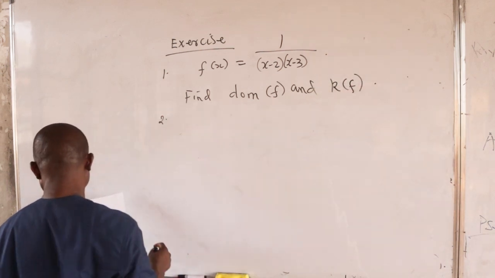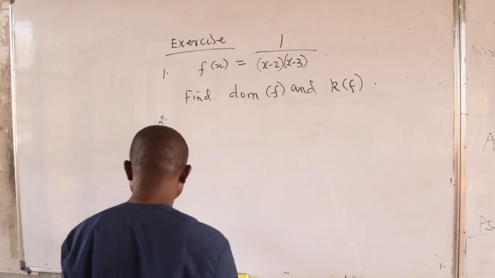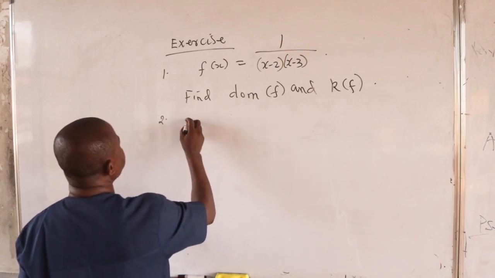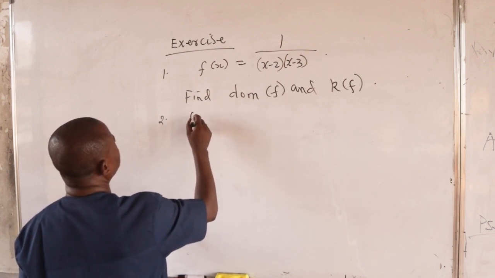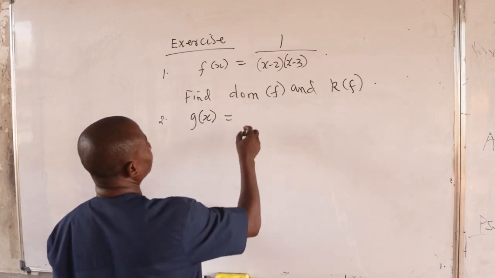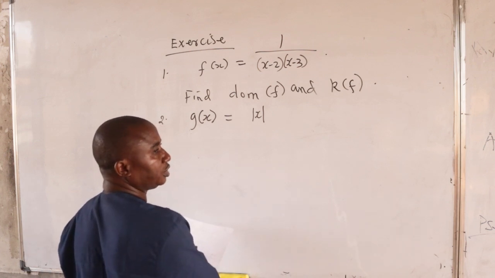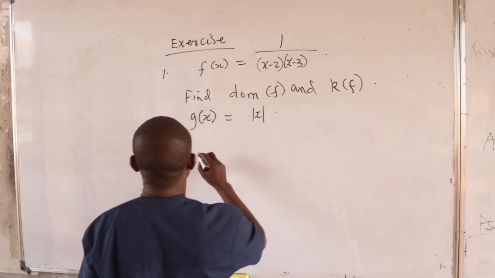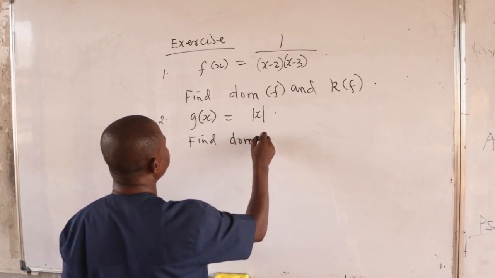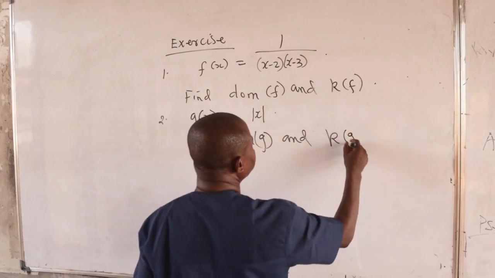Number 2, I define f of x, or let me call it g of x, to be the absolute value of x, where the absolute value function is what we already know. Then the question is, find the domain of g and then the range of g.